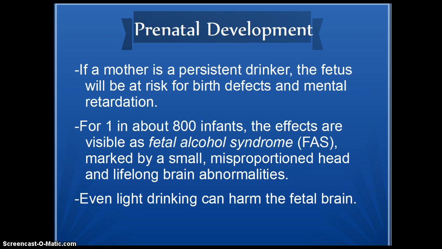If she is a persistent heavy drinker, the fetus will be at risk for birth defects and mental retardation. For about 1 in 800 infants, the effects are visible as fetal alcohol syndrome, or FAS, marked by a small, misproportioned head and lifelong brain abnormalities.